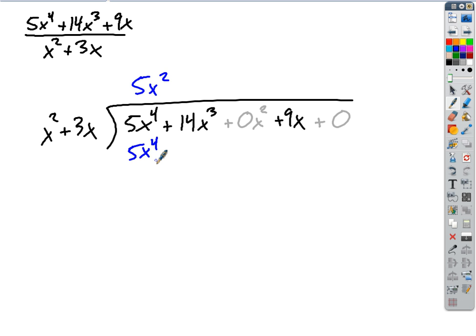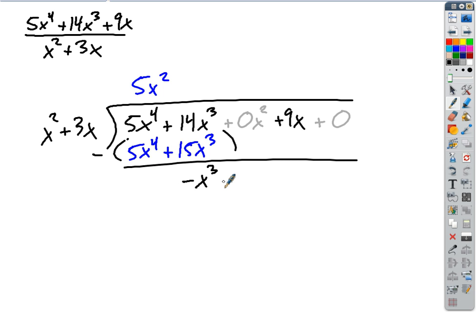We knew we were going to get that one. 5x squared times 3x is 15x cubed, so we line it up in the x cubed column. And we're going to subtract the whole thing, each term from the term above. 5x to the fourth minus 5x to the fourth cancels. We knew that was going to happen. That's why we picked 5x squared, right? What's 14x cubed minus 15x cubed? Negative 1x cubed, or just negative x cubed.